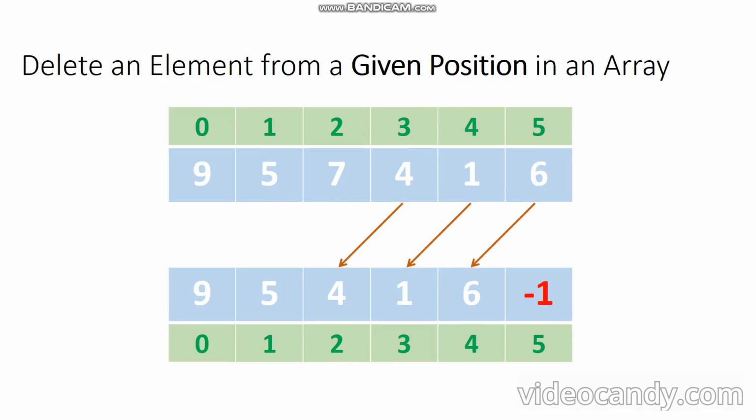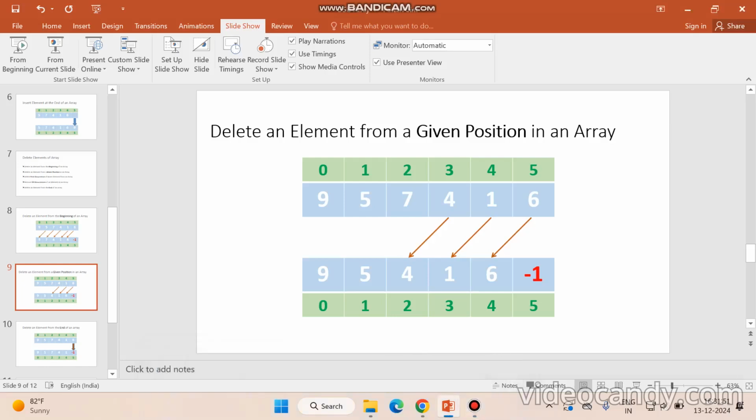Now next, when you want to delete an element from a given position. Again, I will be taking position 2. When I want to delete 7, or the element from position 2, the position 3 element will come to 2, then the position 4 element will come to 3, and the position 5 element will come to 4.